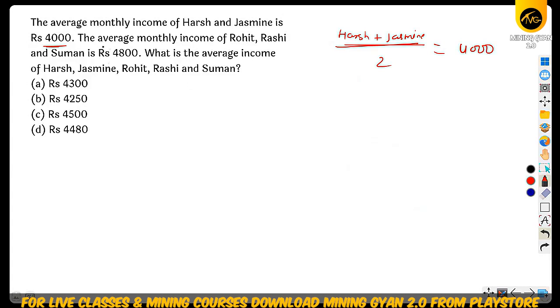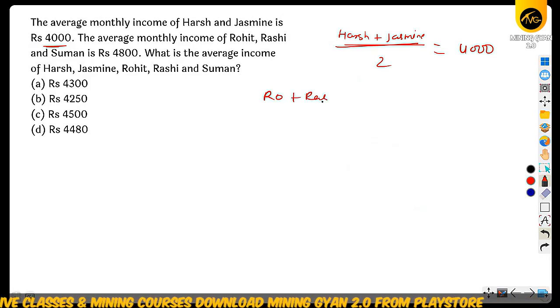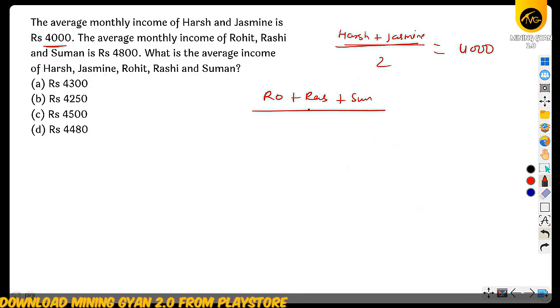Now the second portion of the question: the average monthly income of Rohit, Rasi and Suman, that is Rohit plus Rasi plus Suman's income divided by 3 is 4,800.